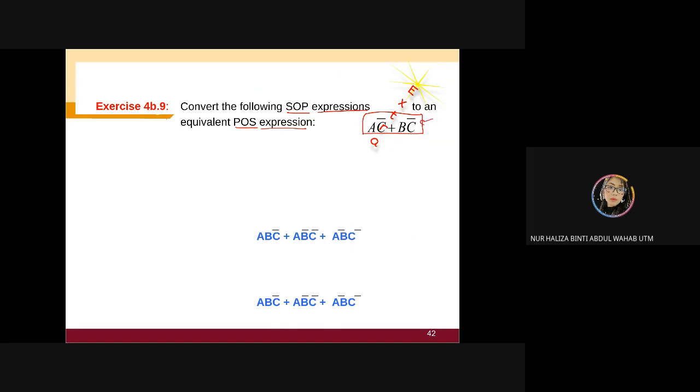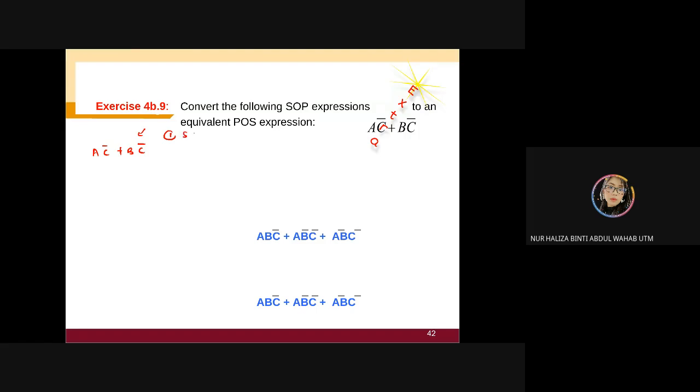Because you can see you have AC bar plus BC bar. It's going to take quite long because you need to convert to standard version first. But it is not too long because it is only 3 variables. So let me see, AC bar plus BC bar.